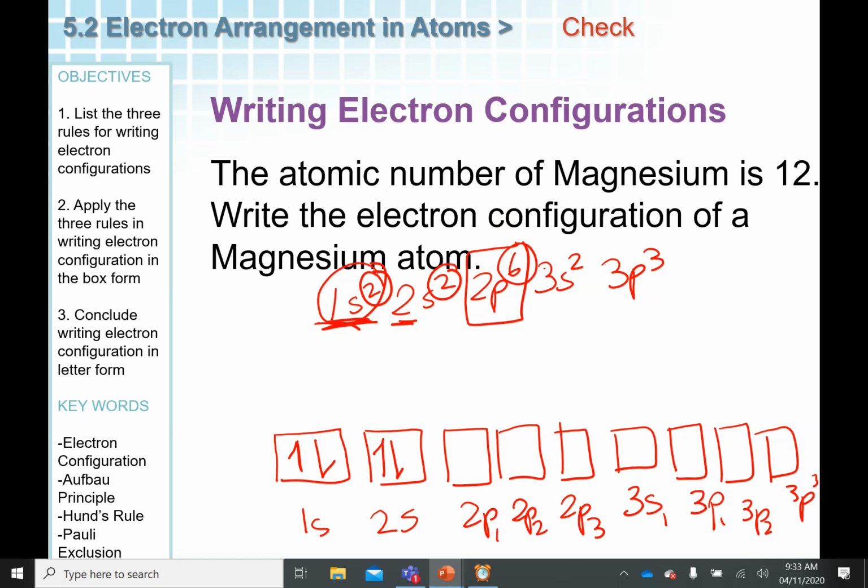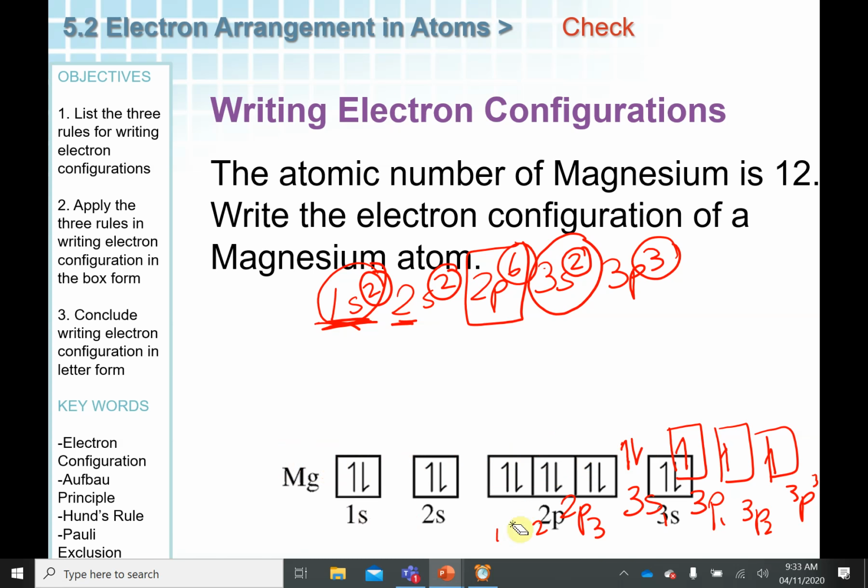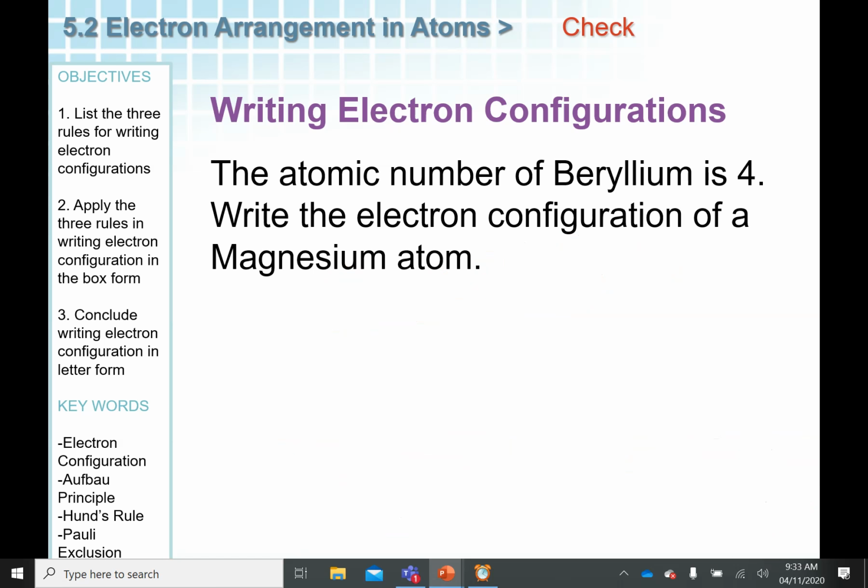We have to fill the maximum in the same direction first, right? So 1, 2, 3, and then we fill again in the opposite direction, 4, 5, 6. And then 3s has 2 electrons, so opposite spins, and the p has 3 electrons, so fill up the maximum with the same direction. So this is our electron configuration for phosphorus.